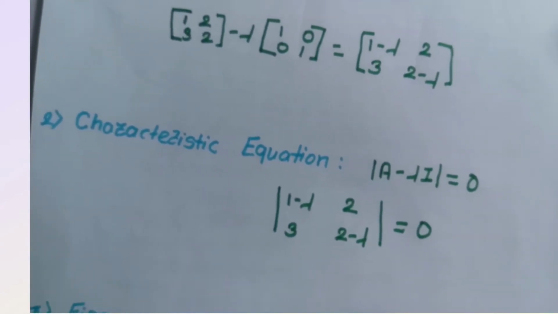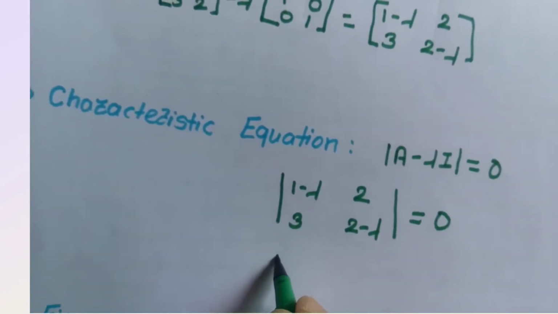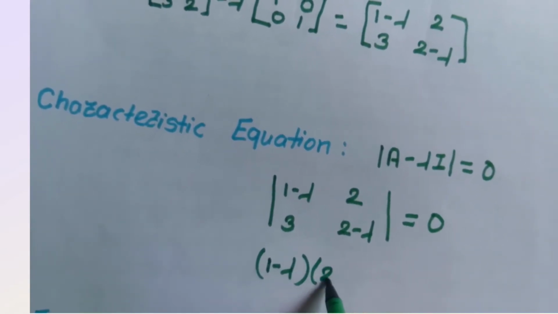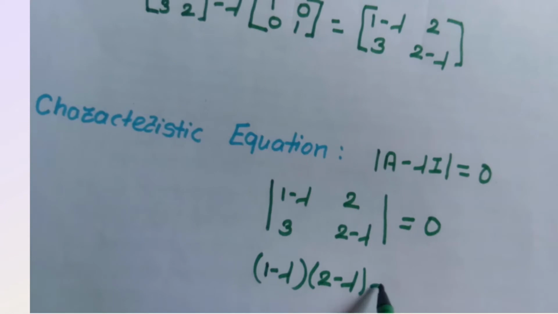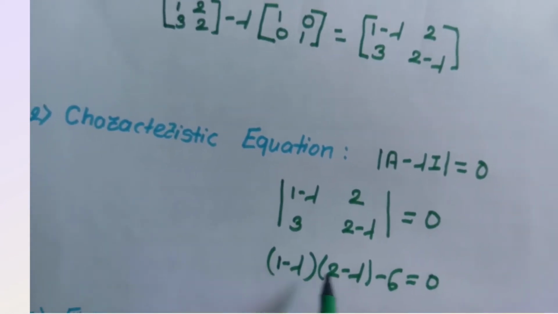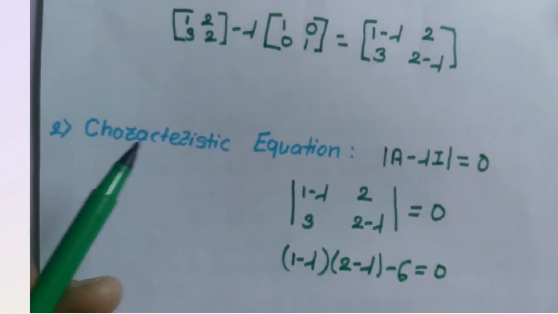Then we get (1 minus lambda)(2 minus lambda) minus 6 equals 0. This is our characteristic equation for the given matrix A.